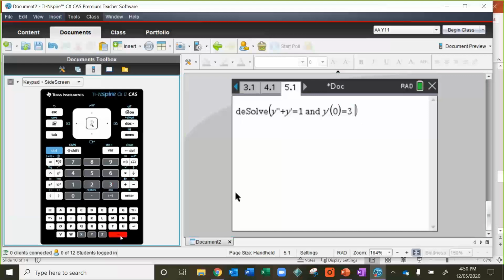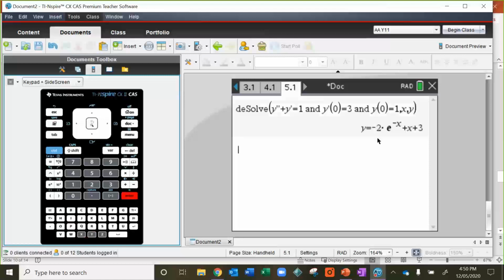And then we need another space and type "and", another space, and now we go y at 0 is equal to 1. And then we again need to put comma x, comma y. So if we are not using the box on CX2, that's how this needs to be entered.